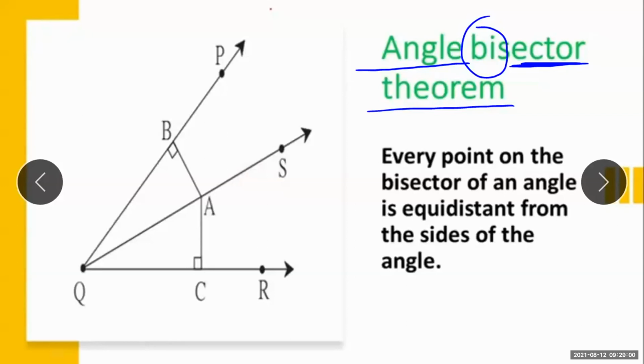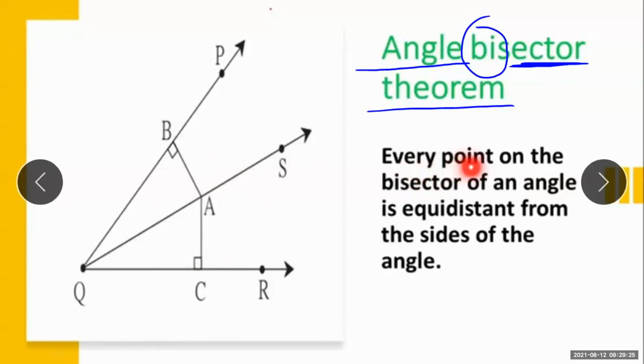So the theorem is: every point on the bisector. Now, as ray QS is a bisector of the given angle, a point marked on that bisector is point A. So point A means every point; you can take any other point also.